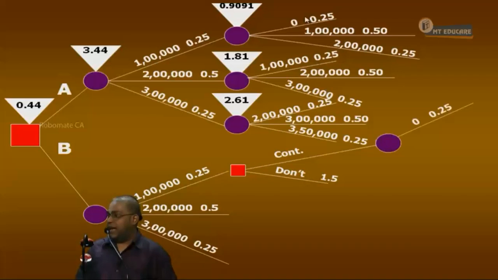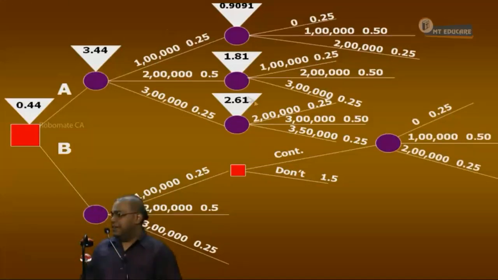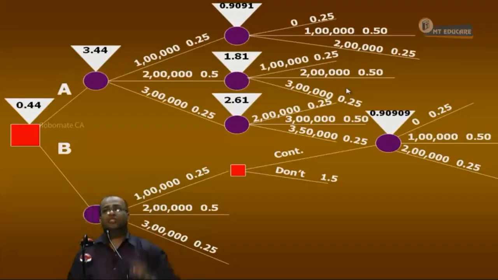Now, the present value of all this, 0 or 1 lakh or 2 lakhs, is going to be 90,910. This number will not change. Now, the question is, when the first year cash flow is 1 lakh, in the second year I can continue or abandon.